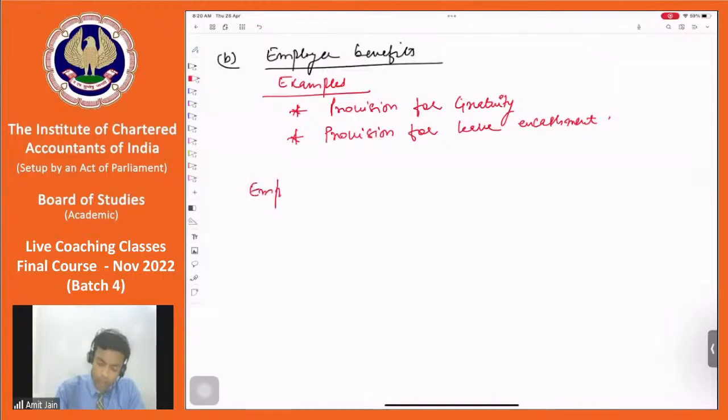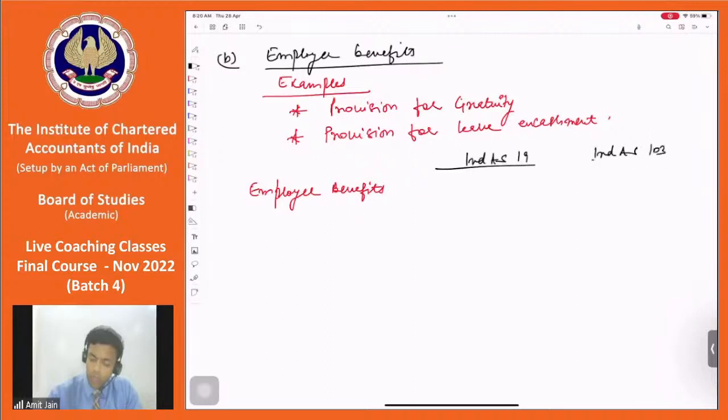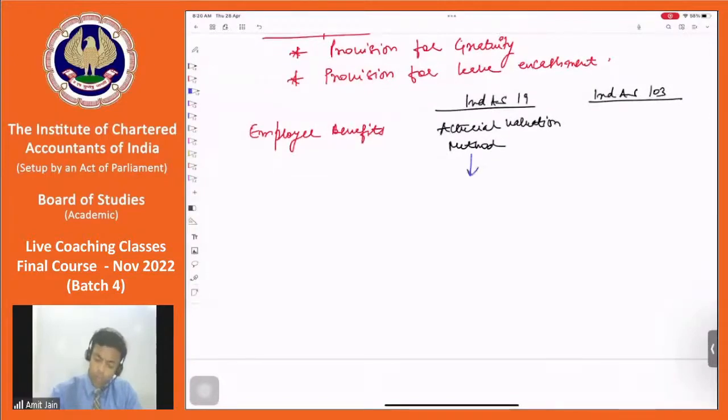Correct guys. Now what is the summary? Employee benefits: Ind AS 19 and Ind AS 103. In Ind AS 19, this will be accounted on the basis of the actuarial valuation method. What is the method? The method is projected unit credit method.